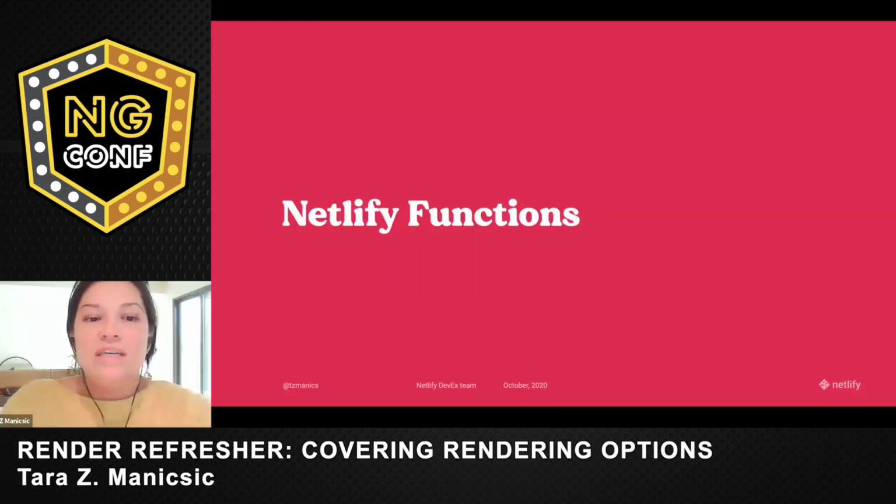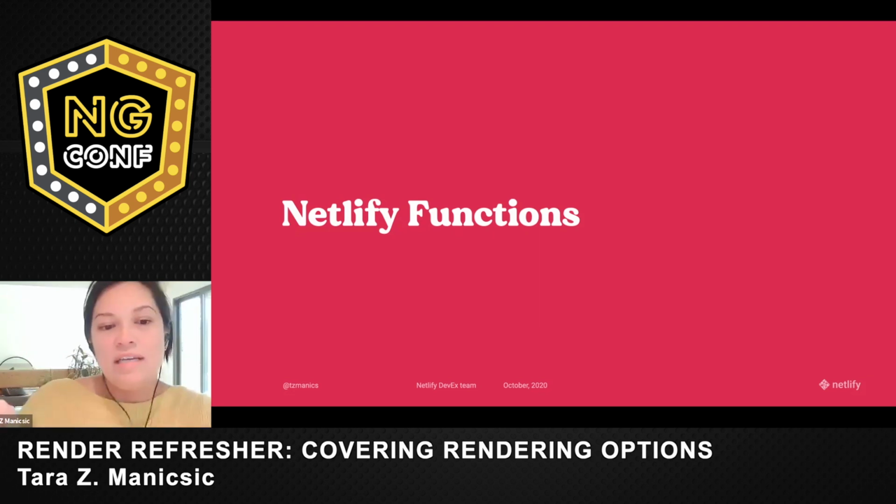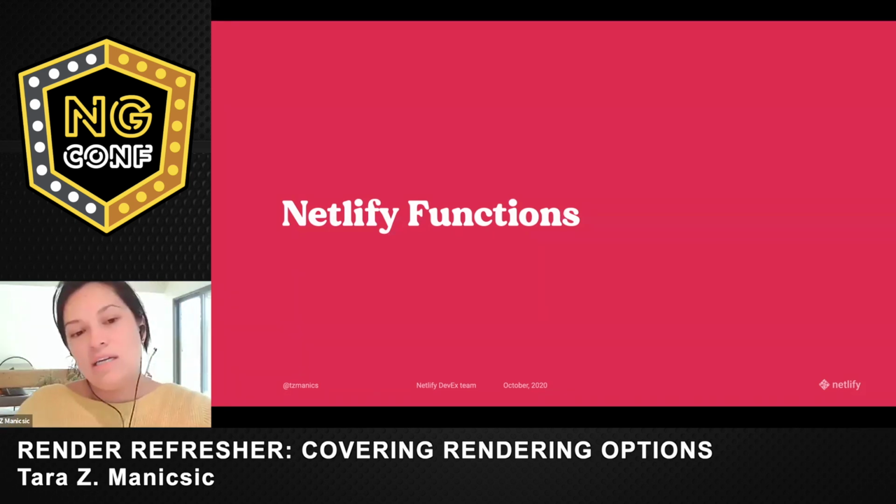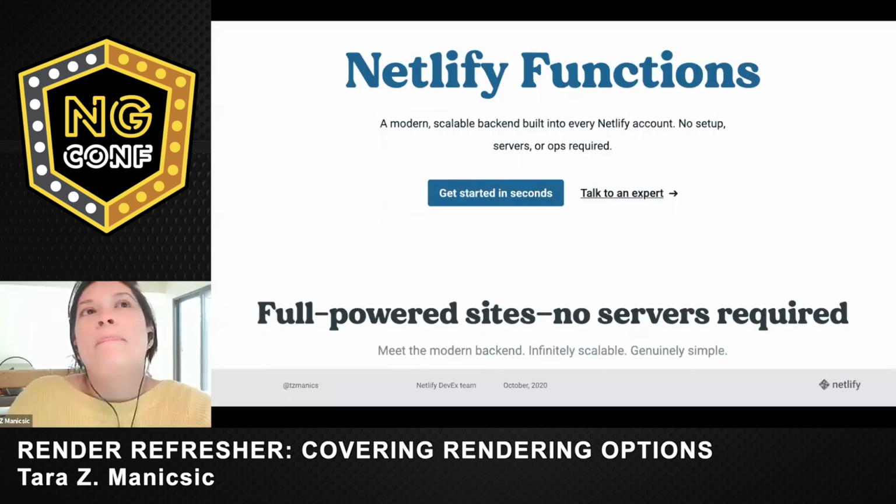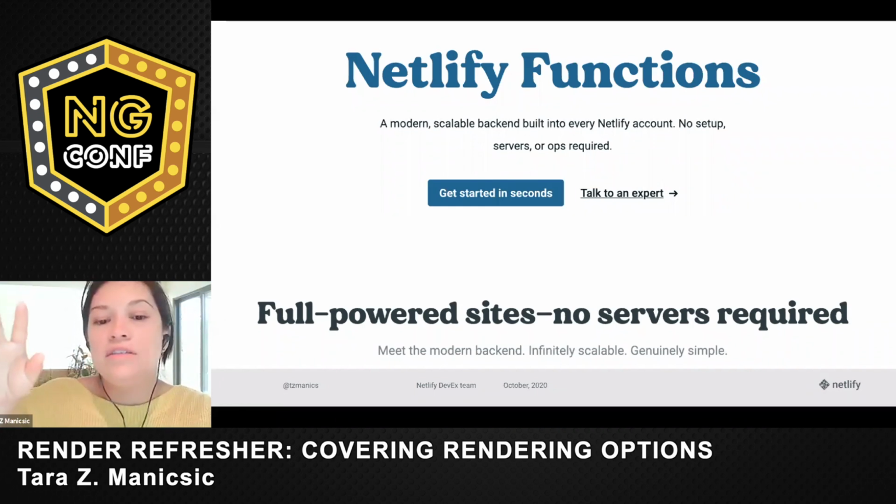So I just want to touch on what this looks like, now that we jumped into Angular Universal. I kind of just want to show you what it looks like to use something like Netlify Functions. These are basically a wrapper around AWS Lambda functions.